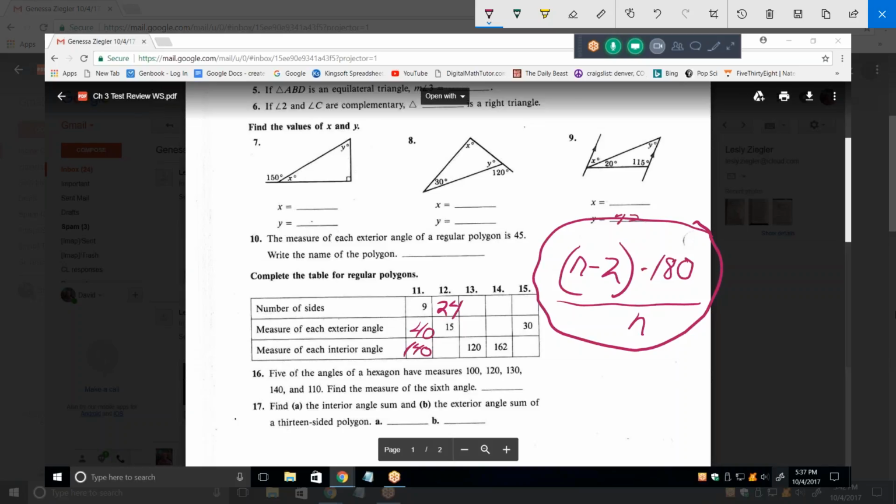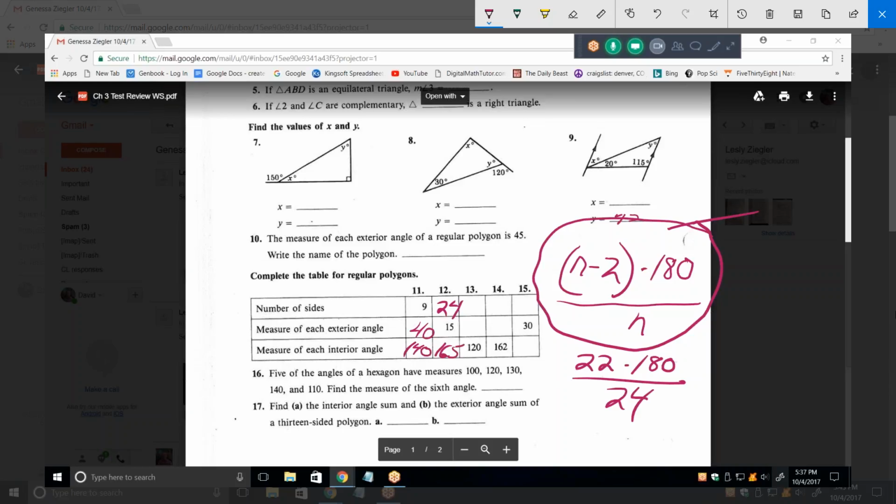So it would be 22 times 180 divided by 24. Right. In other words, we're just filling in. Once we know the number of sides, that becomes a piece of cake. What is the answer? 165.